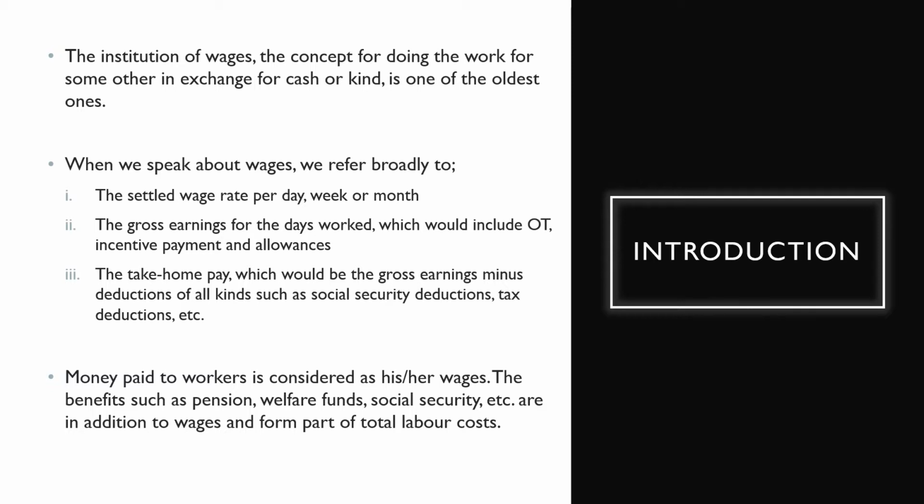Now, benefits like pension, welfare funds, social security, etc., are in addition to the wages you get. For an organization, these additional things are what we think of as benefits, and the base payment you get for the work, that is the wage, these two form the total labor cost for an organization.